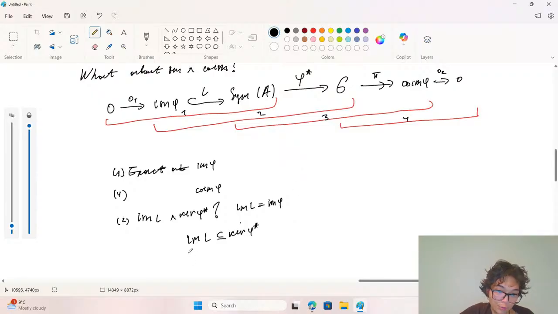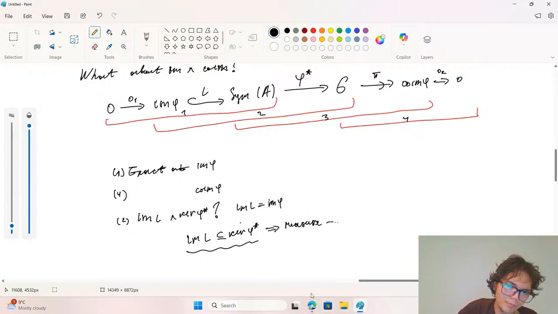I could only prove this. So we can measure how much it differs, a measure of how much it fails to be injective in this case.